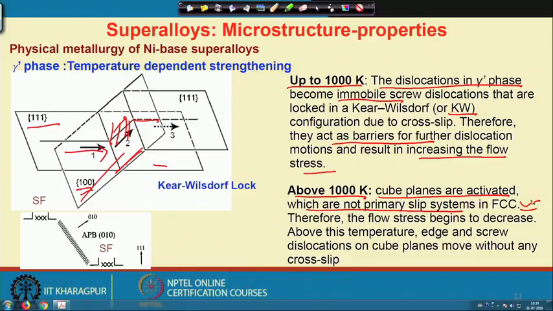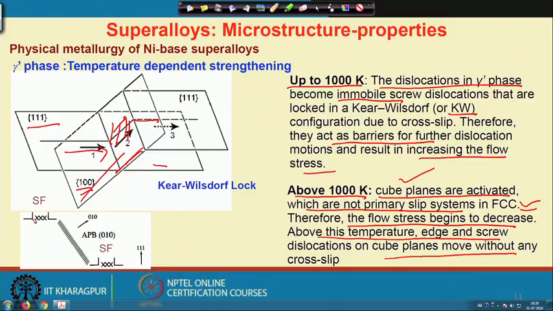We all know that 1-1-1 planes are the major slip system of the FCC at room temperature, but at higher temperature the cube plane is activated, and therefore the flow stress begins to decrease. Above this temperature, edge and screw dislocations on the cube plane move without any cross slip, and therefore the effective strengthening from the APB decreases. So these are all about the KW configuration.